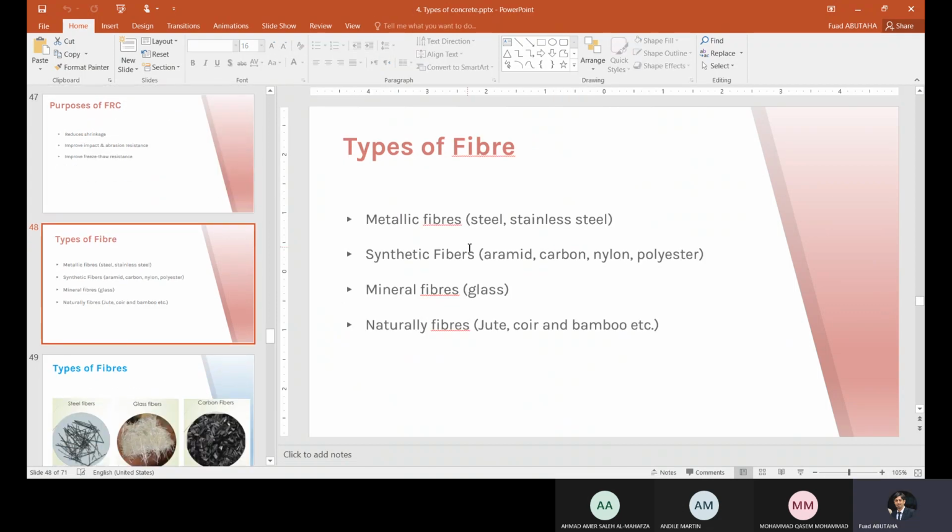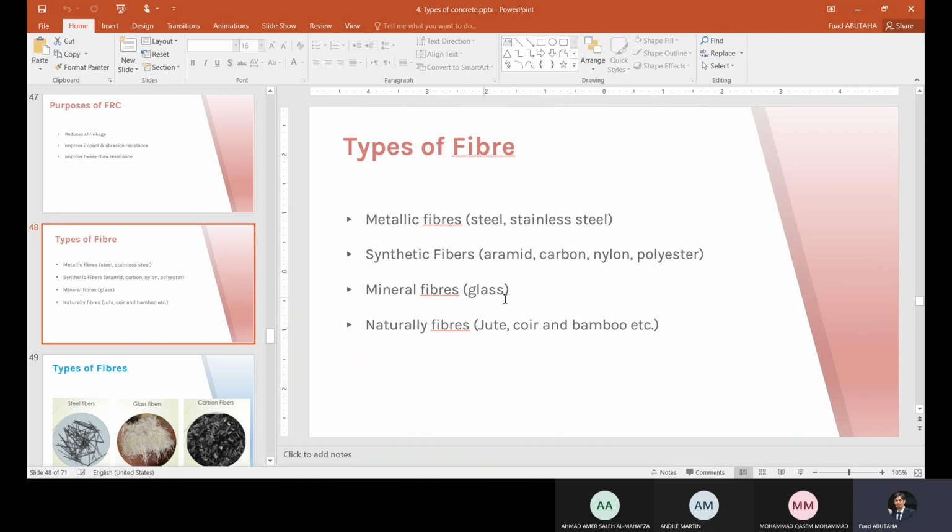The types of fiber: we have different types of fiber that can be used inside the concrete, starting with metallic, like steel and stainless steel fibers, the most common fibers that can be used. And we have synthetic fiber like nylon, carbon, polyester, and all these types that can be used in concrete.